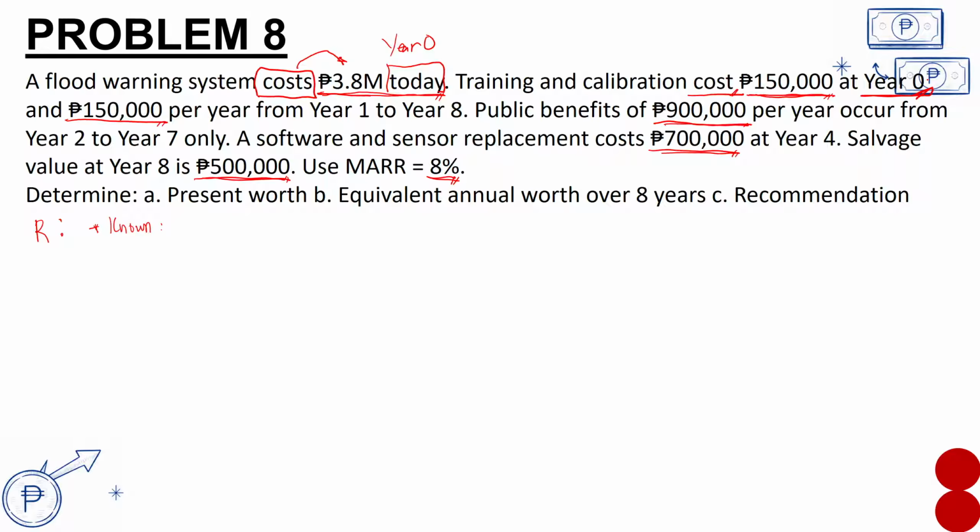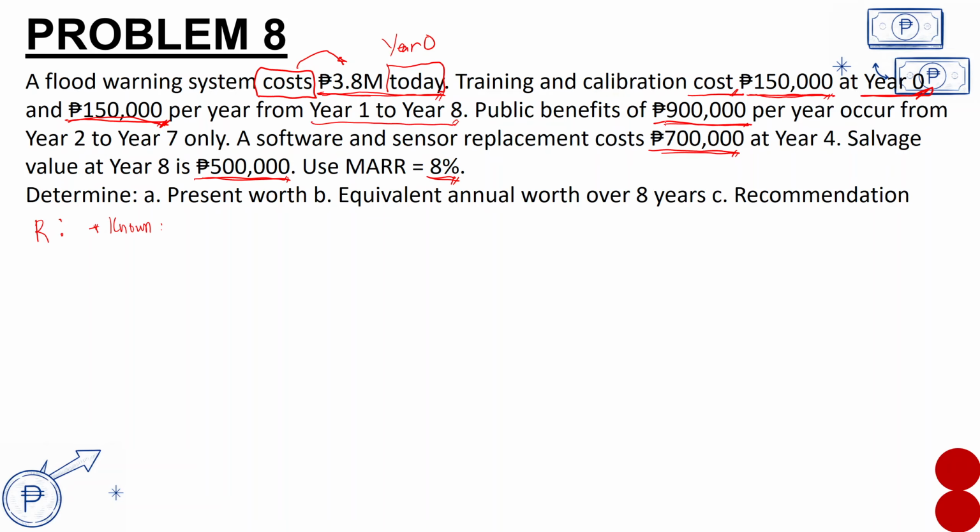So there are two costs at year zero: the initial cost and the training and calibration cost. Now, we also have another 150,000, and this is actually a cost and our timing is from year 1 to year 8.